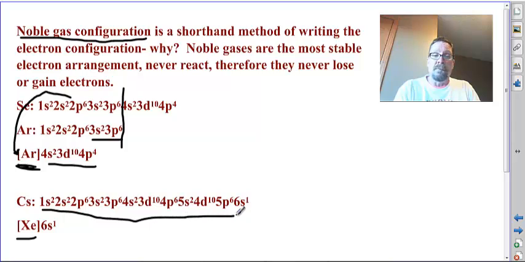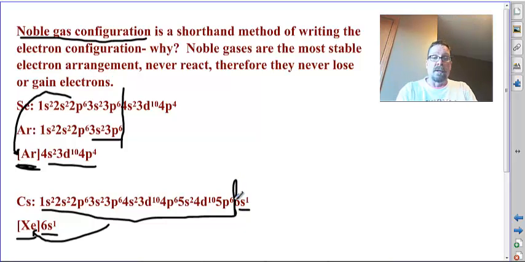The first 54 electrons through 5p6 are xenon. So instead of writing them out, I can just write out that it's xenon plus the final electron configuration here, 6s1. That's what's left over after I get to the noble gas that preceded that element.